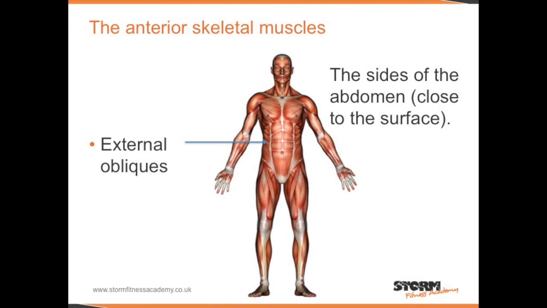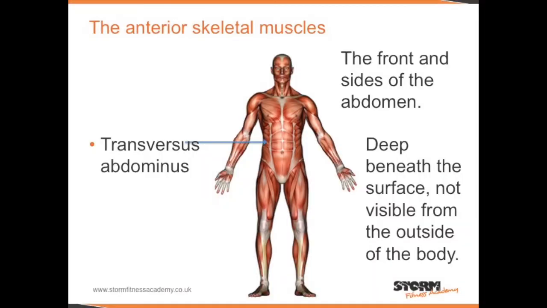The sides of the abdomen, close to the surface. These are visible from the outside of the body. Transversus abdominis. This is located on the front and the sides of the abdomen. They're found deep beneath the surface and not visible from the outside of the body.